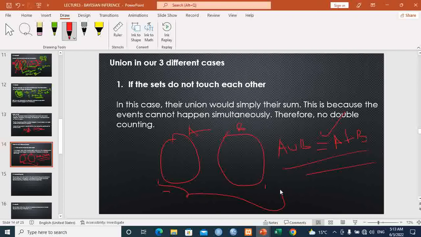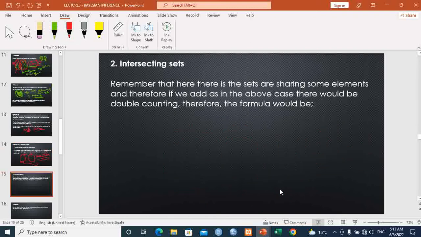We just add them. It is either A or B. That is union of the sets.